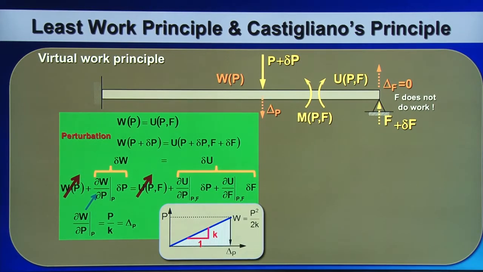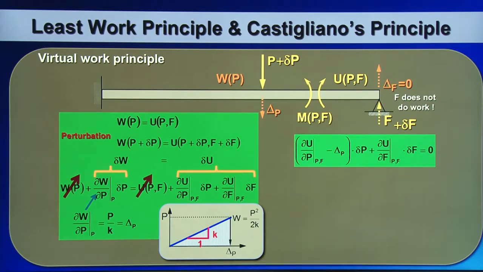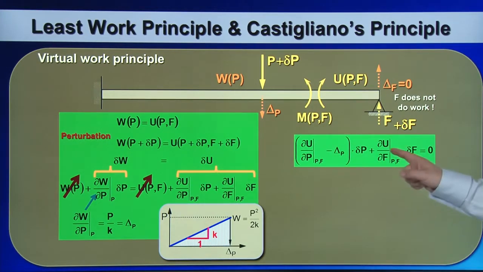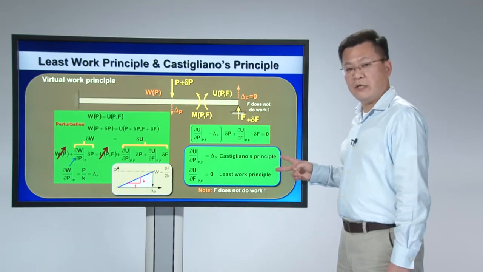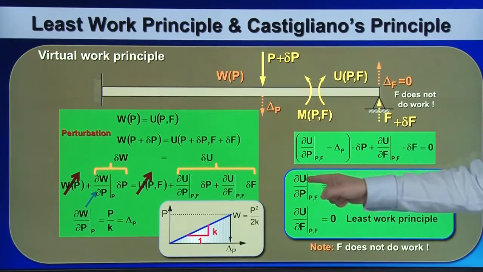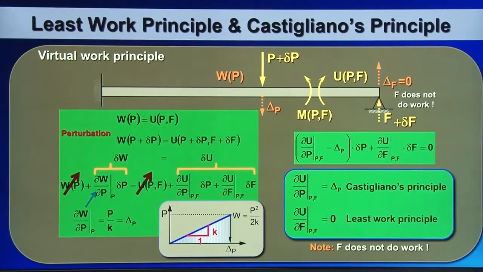Rearranging the equations, you will get this equation. As perturbation delta P and perturbation delta F are independent, the bracket here has to be equal to 0, and so should the coefficient in front of delta F. So here we have two equations simultaneously established. From the bracket, ∂U/∂P equals delta P, and from the coefficient of delta F, ∂U/∂F equals 0.